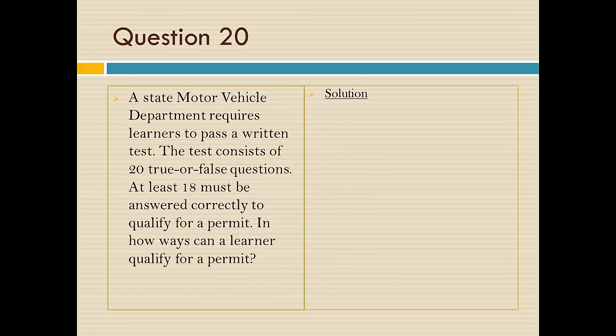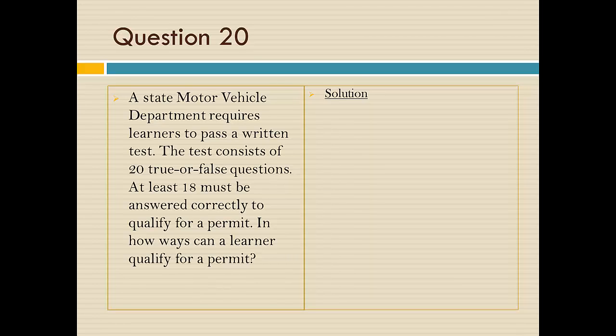It could be a driver's permit. And of course, if you must pass 18 out of 20, that means you must have at least a 90% score in order to qualify for the permit.